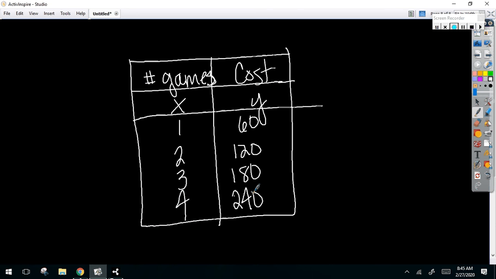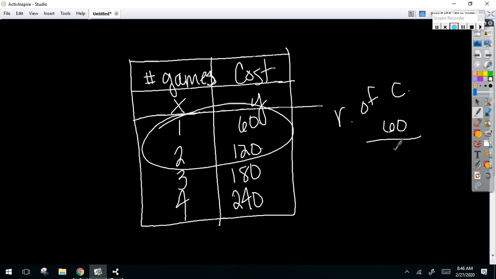What is the average rate of change for the cost of a game? How are you doing that? The rate of change would be the change in y, and just pick any two. It doesn't matter which two you pick. Y is going up by 60, and x is going up by 1. So the rate of change is 60.